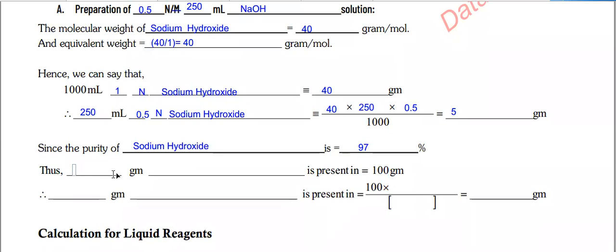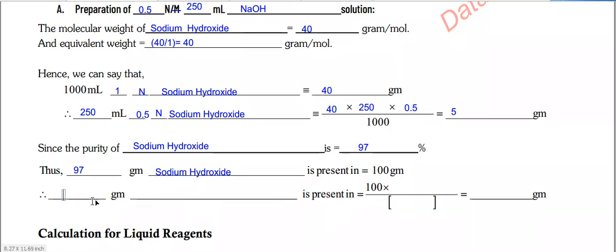Therefore, we can say that 97 gram sodium hydroxide is present in 100 gram.